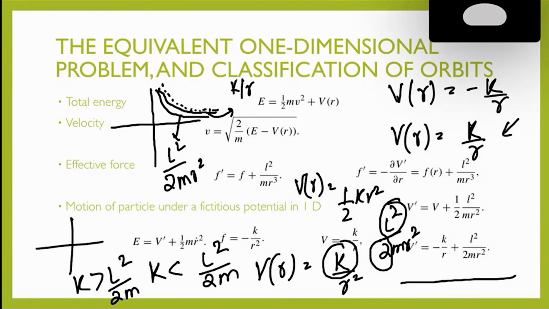Like you are talking about minus L square by 2m or plus L square by 2m? Minus L square by 2m. So in that case it is K less than minus L square by 2m and K greater than minus L square by 2m, right? Okay, you can take that.